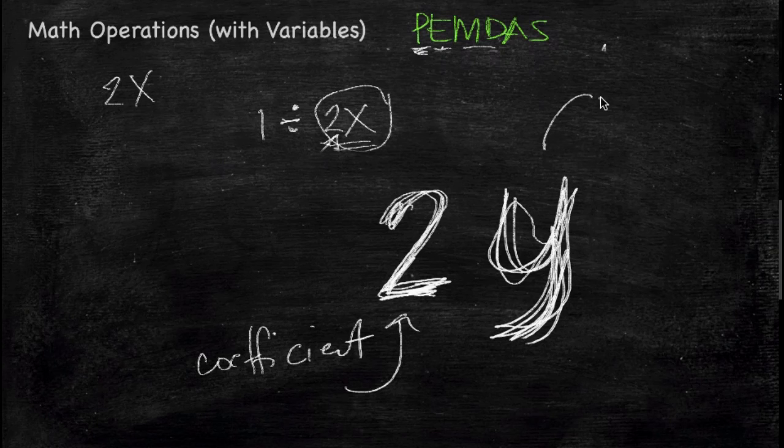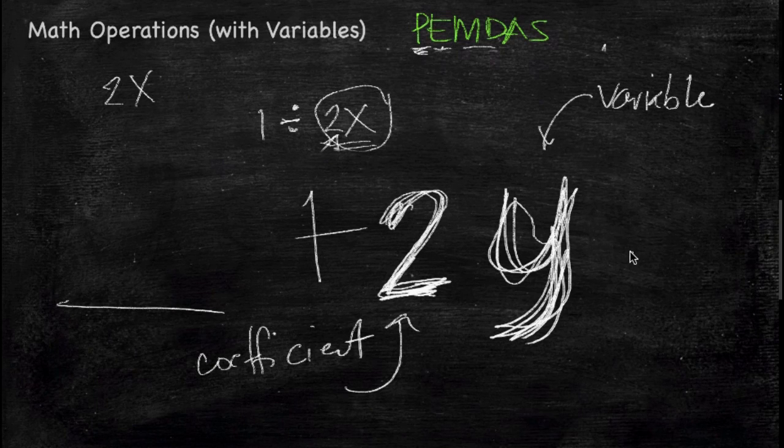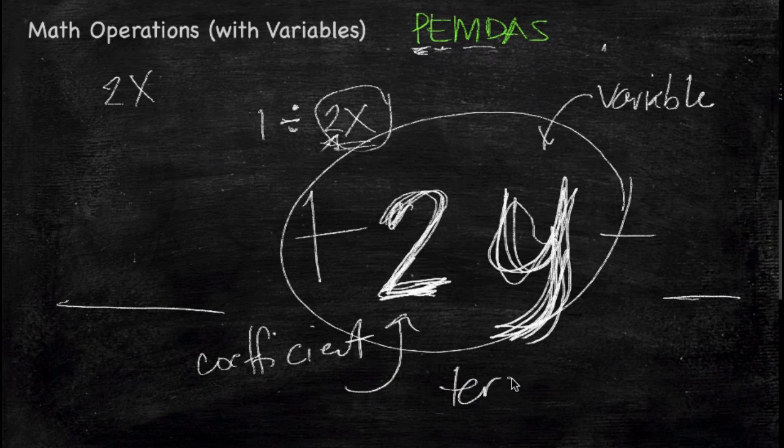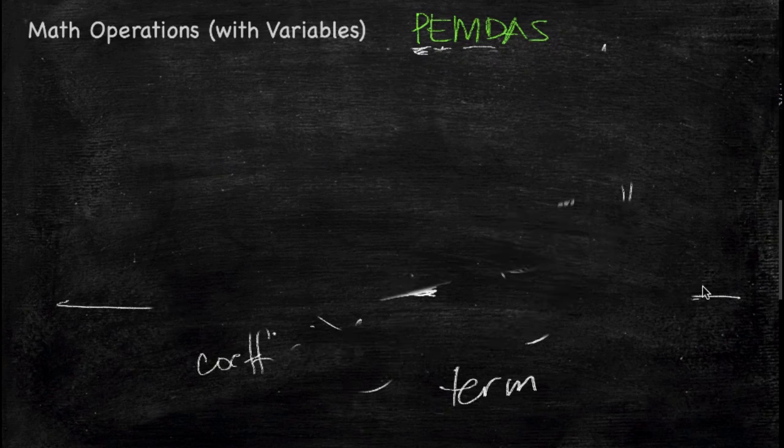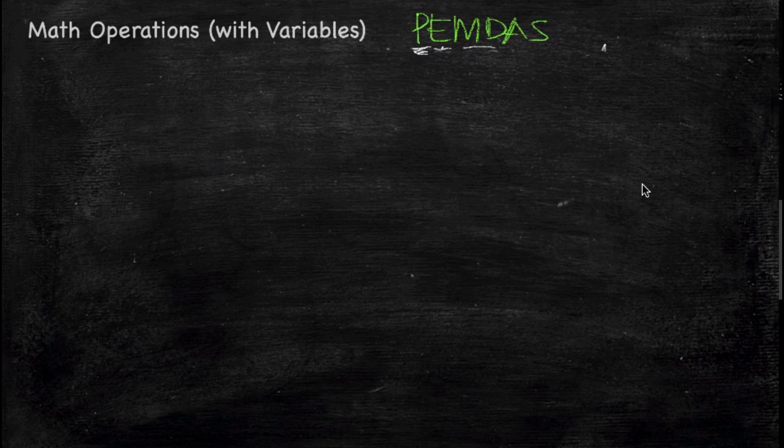Ito, ang tawag natin ay variable. So, silang dalawa ay mag-asawa and the unwritten sign between them is multiplication. And pag sinama siya sa isang algebraic expression, with some plus, and some minus, then this constitutes a term. Okay? Yan yung term. Again, ang pagkakaiba sa term ay addition yung process nila sa gitna.